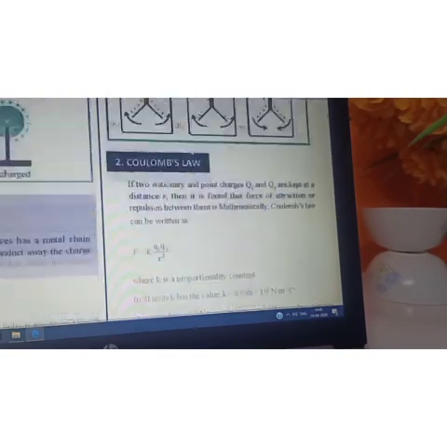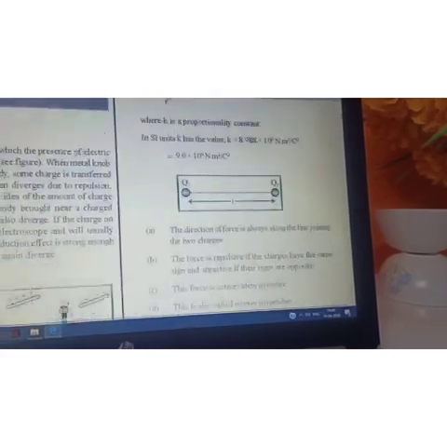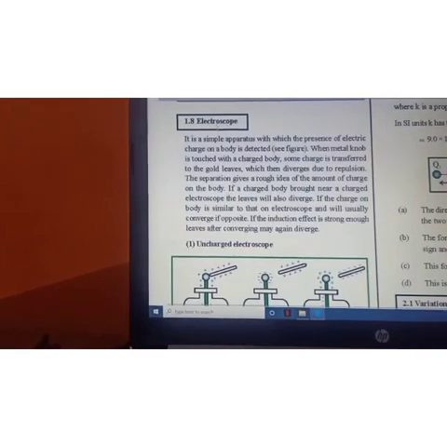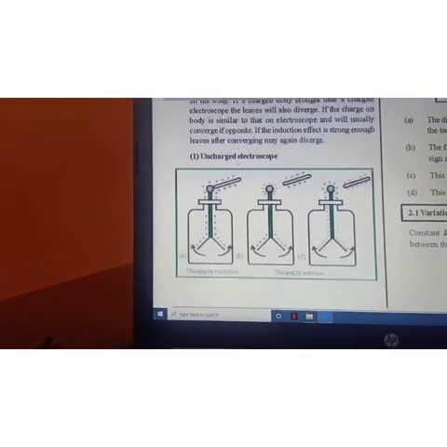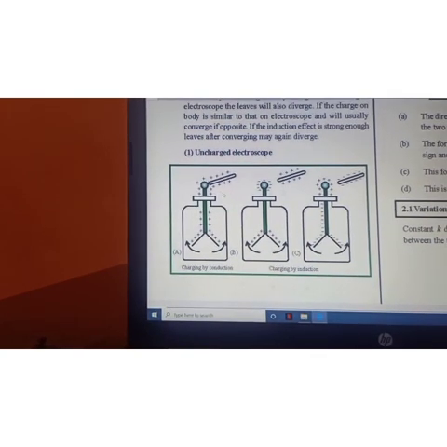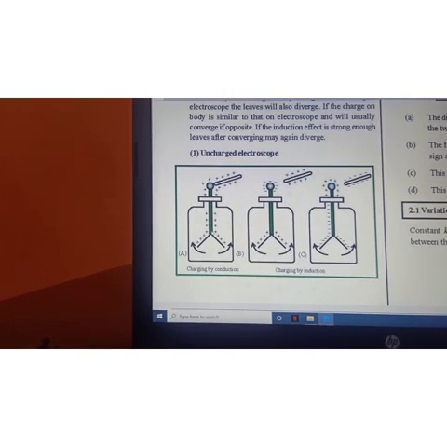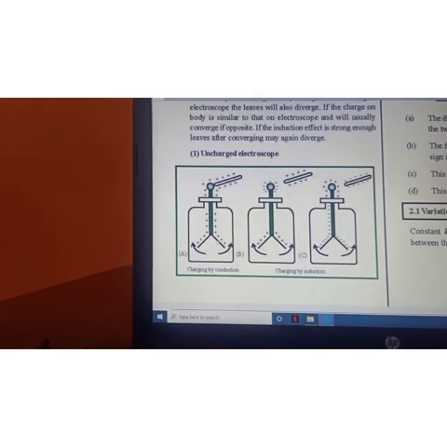So the next topic is the electroscope. An electroscope is a simple apparatus with which we can check the presence and the nature of charge. First of all, this is a rod, and these are the gold leaves.